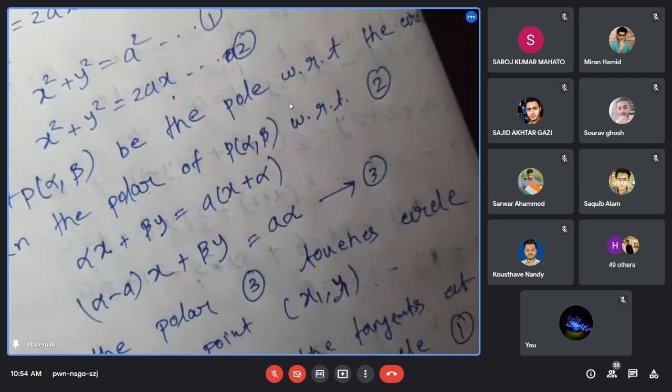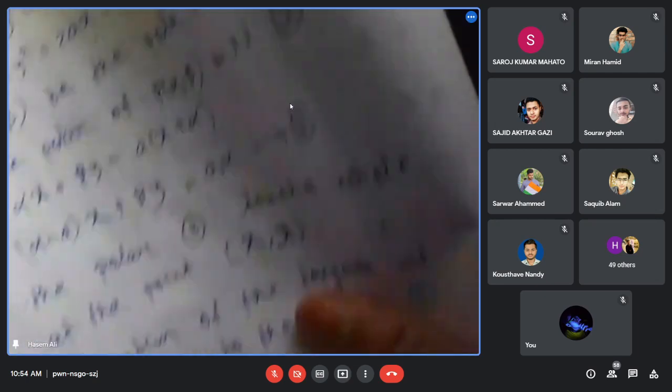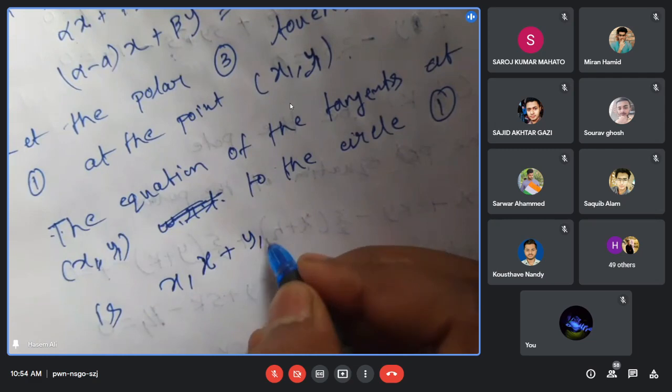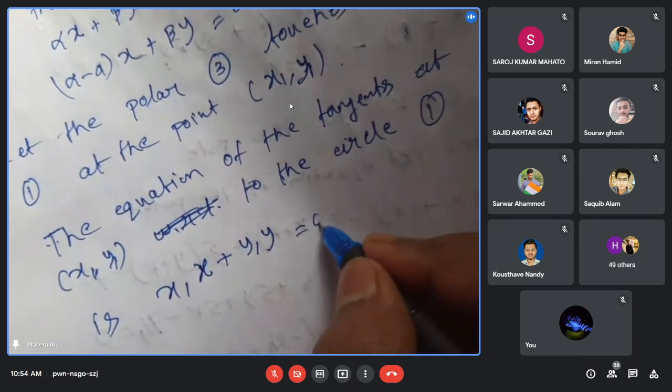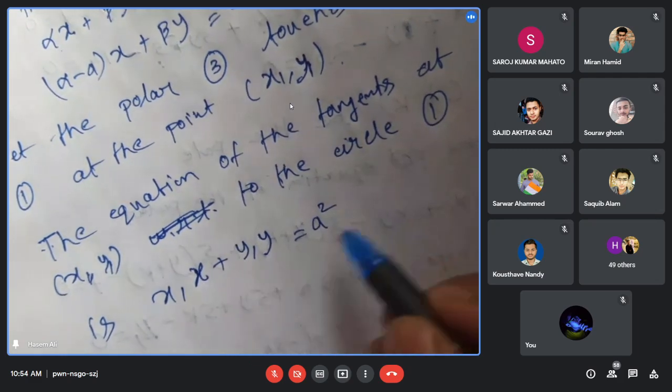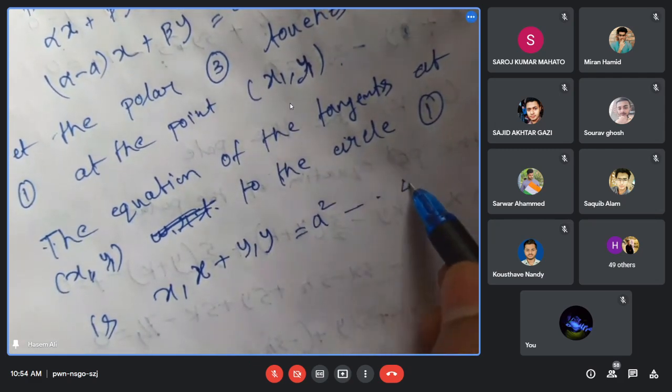So what is the equation of the tangent? It is x1x plus y1y equals to a square.